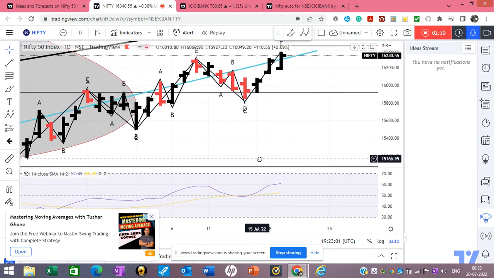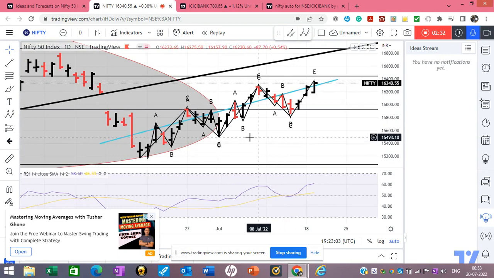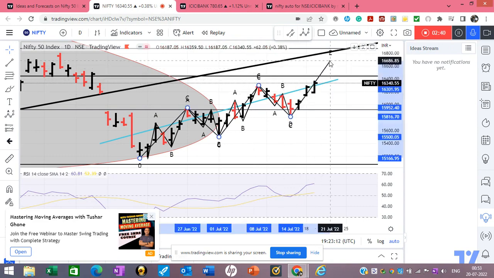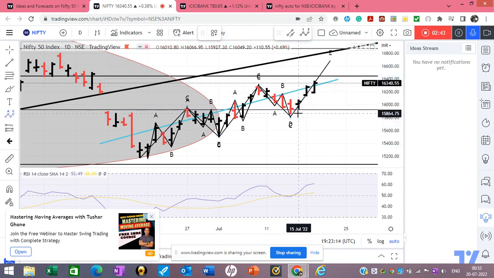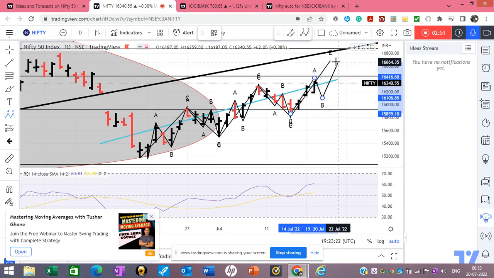So let us come to the last wave. The combination of waves is like this. It should be A, B, and C. That kind of combination.